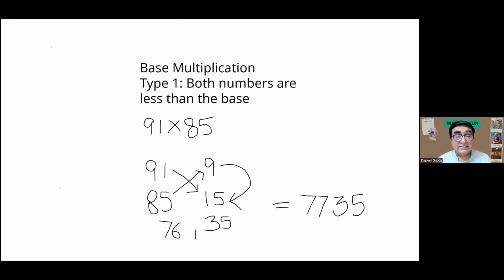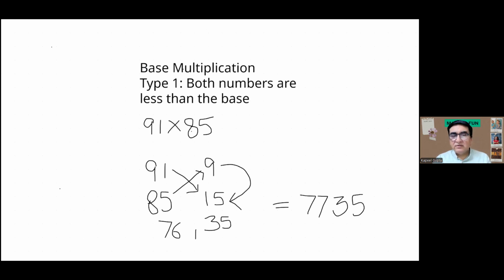Let me explain that again. We took 91 multiplied by 85. Because both numbers are less than the base 100, I subtracted 91 from 100 and got 9. Then I subtracted 85 from 100 and got 15. As the second step, I multiplied 15 and 9 and got 135. But because we are dealing with two-digit numbers here, I took 1 as the carry forward.